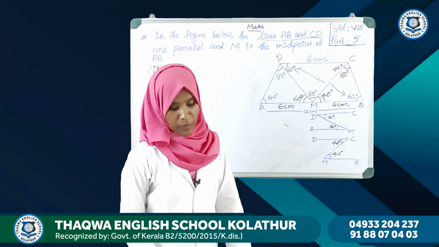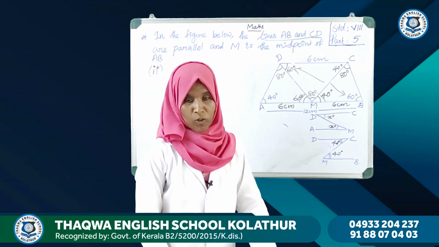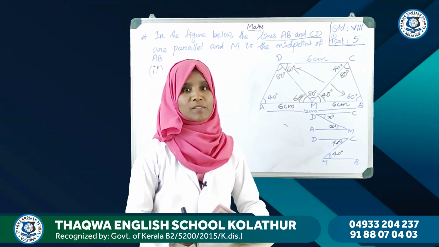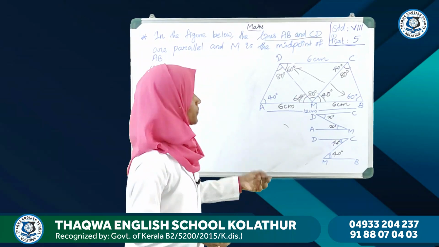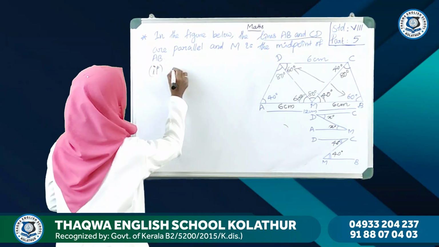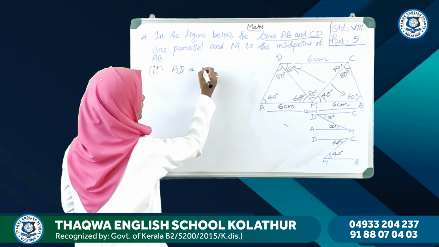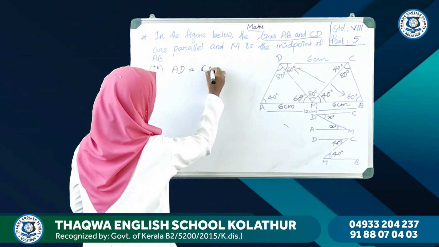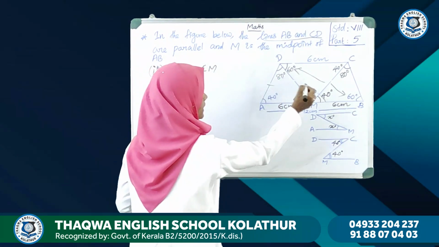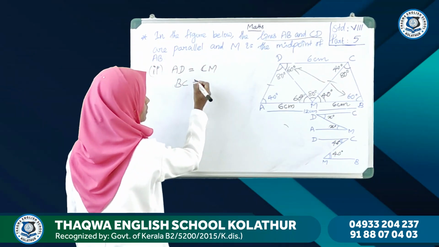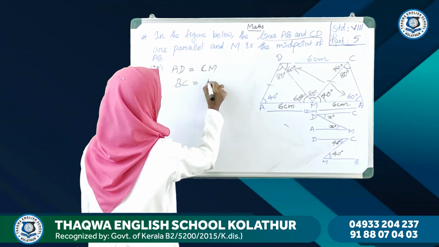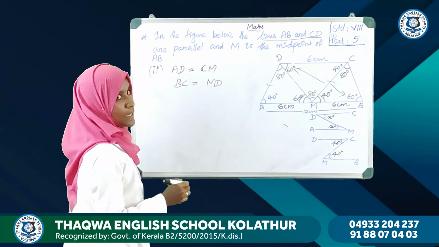What is the question? Second part. What is special about the quadrilateral AMCD and MBCD? Okay, we already got AD equals CM, AD equals CM, and BC equals DM.